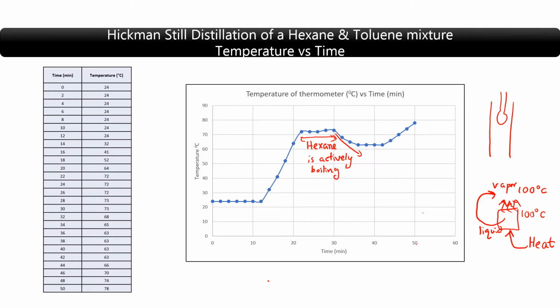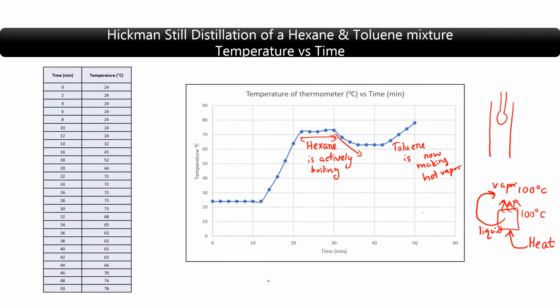And as more time passes and the temperature starts to increase again, that means toluene is now making hot vapor.